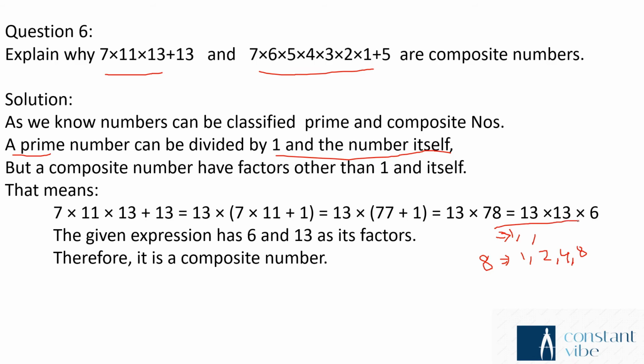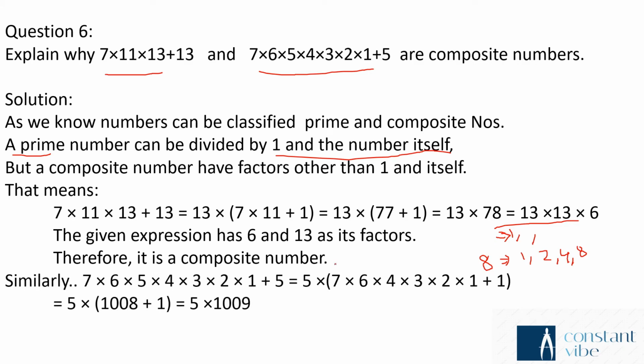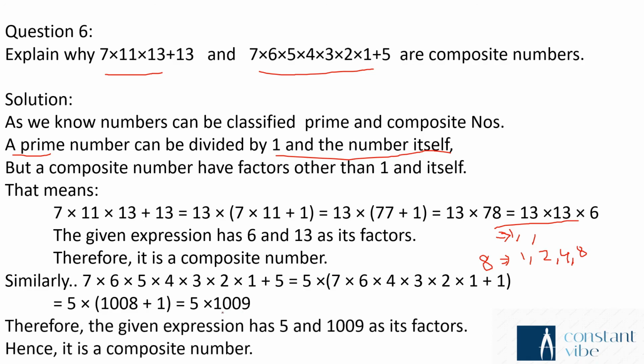The given expression has 6 and 13 as factors. Therefore it is a composite number. Similarly, the next one, five and 1009. It has factors and it's a composite number. There are two numbers only.